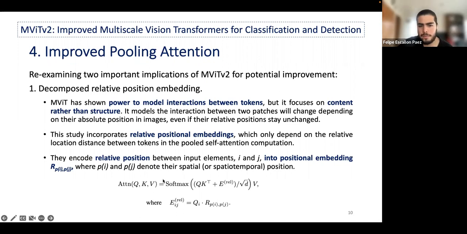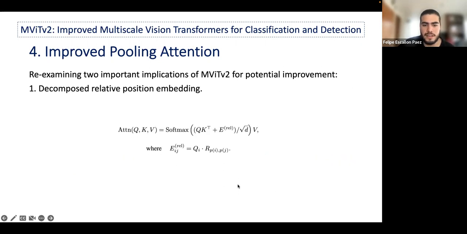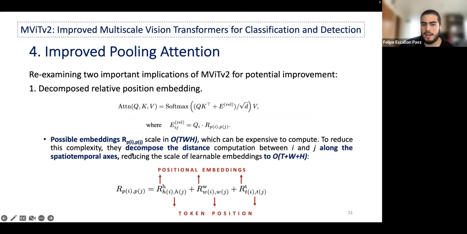And in video recognition, this also helps with the temporal spatial context. So as we can see in the bottom formulas, what they are doing, different from the attention that we already know from transformers, is adding this E, that is once more the queries, but multiplied by these new positional encodings. What they saw is that in doing so, the positional embeddings scale, as there are time times width times height possibilities.